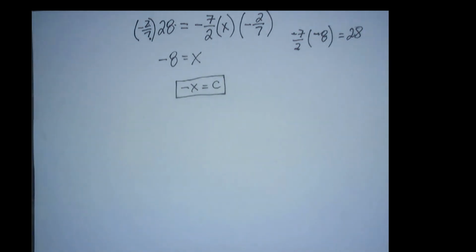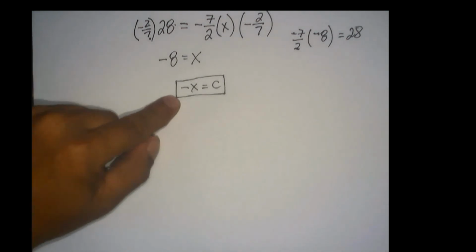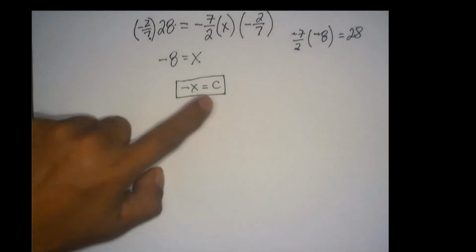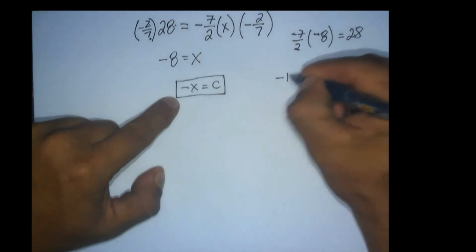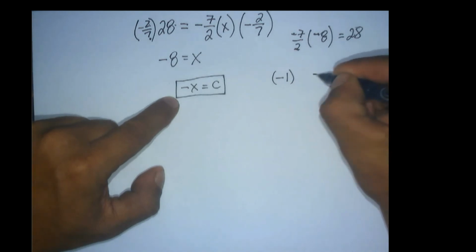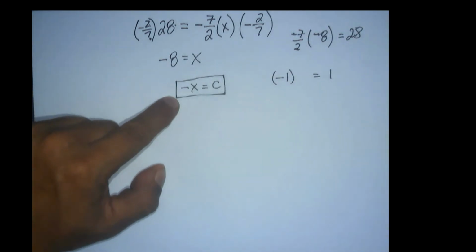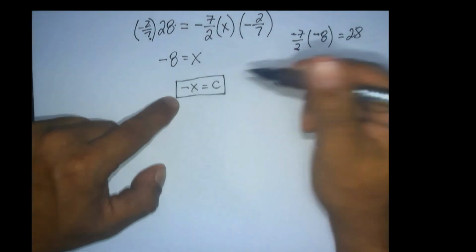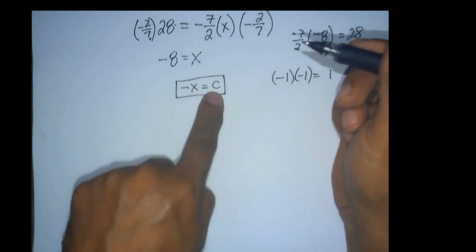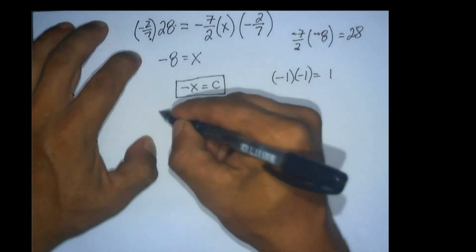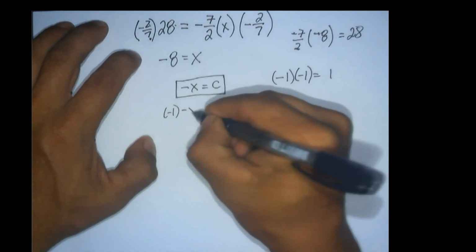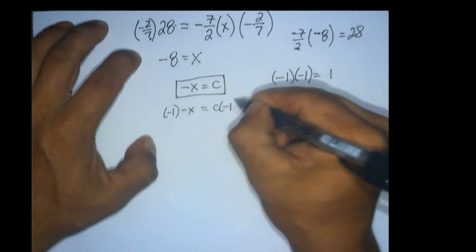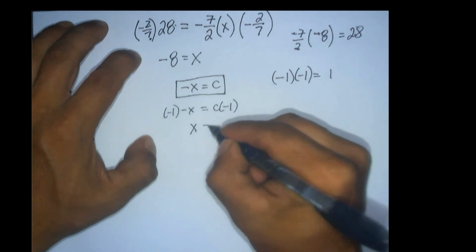Okay, so I got this equation here. I want x equals something, right? What do I multiply negative 1 by to get positive 1? Negative 1. So if negative x equals c, and I multiply both sides by negative 1, that means that x is equal to negative c.